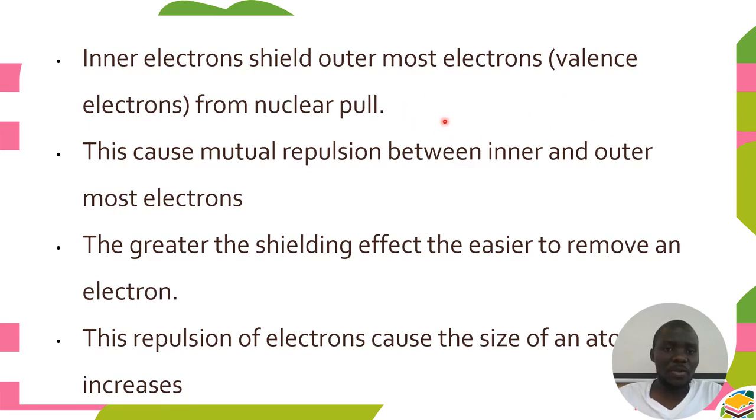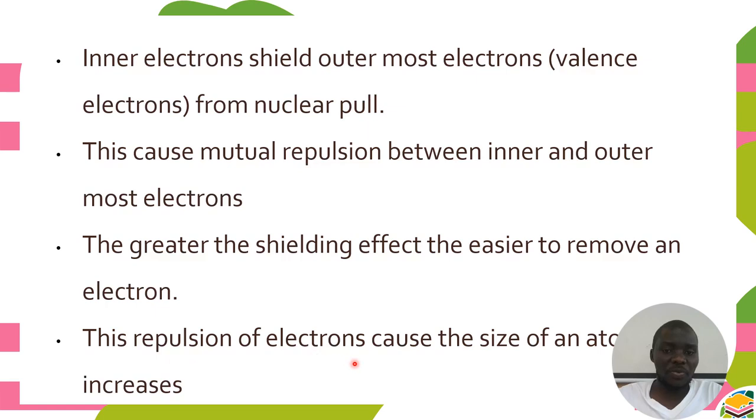By doing so, this causes mutual repulsion between inner and outermost electrons, because same charges do not attract one another. So the greater the shielding effect, the easier it is to remove an electron, since the outermost electron is not strongly attracted to the nucleus.